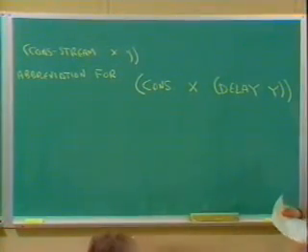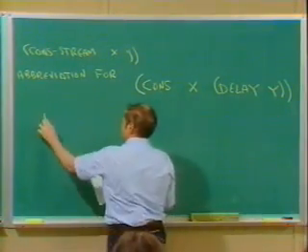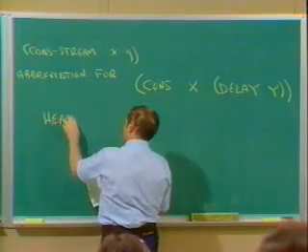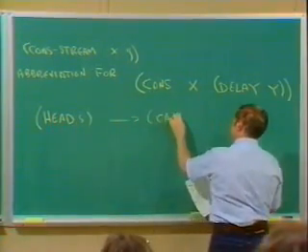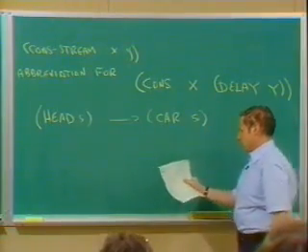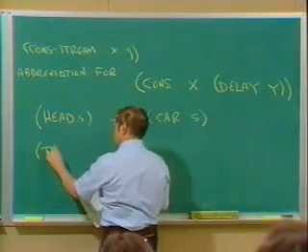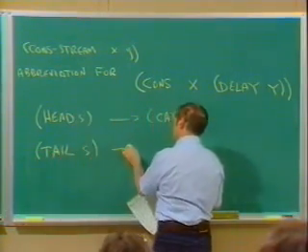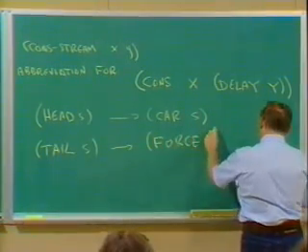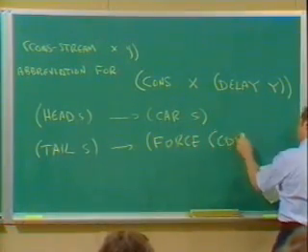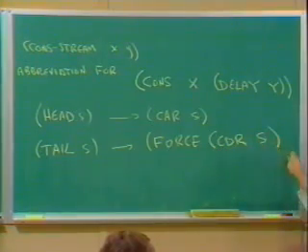And before I explain that, let me go and write the rest. The head of a stream is going to be just the car, and the tail of a stream is going to be a thing called force, the cdr of the stream.